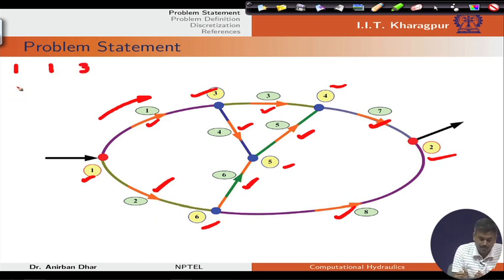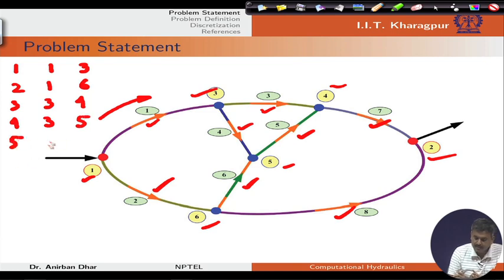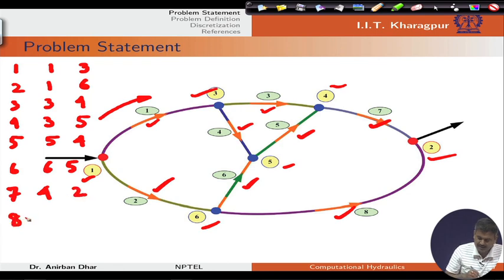For channel 2 this is 1 and 6, channel 3 this is 3 and 4, channel 4 it is 3 and 5, channel 5 this is 5 and 4, channel 6 we have 6 and 5, channel 7 we have 4 and 2, channel 8 we have 6 and 2.